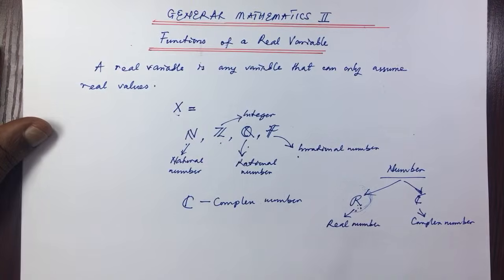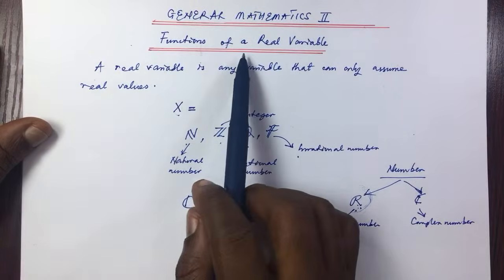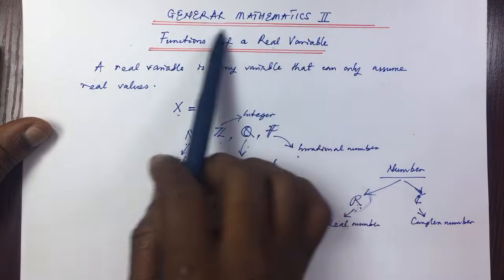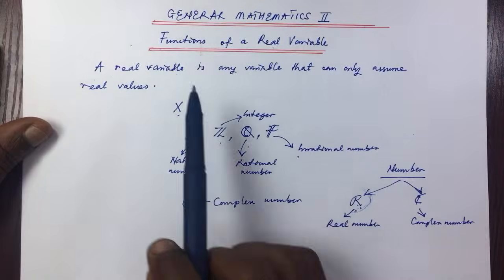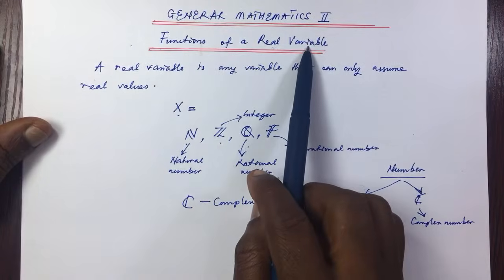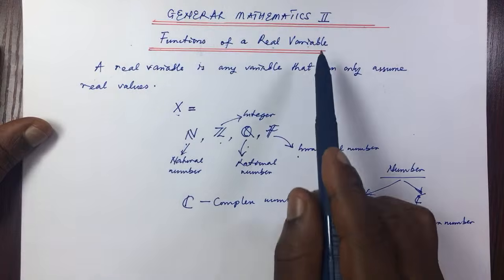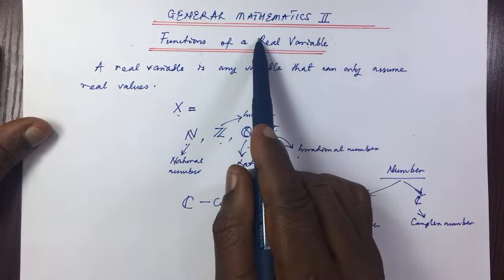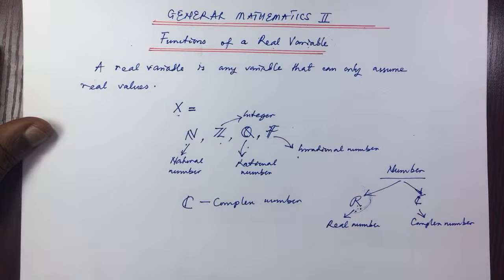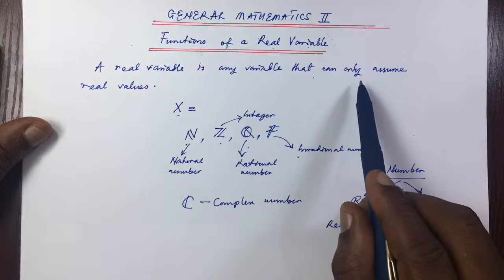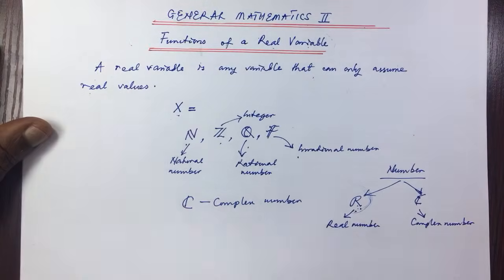So, I am trying to explain what this statement or this word is in the particular topic. So what are we looking at? We are looking at functions of a real variable, and it will be best for us to understand this word, real variable. So what is a real variable again? A real variable is any variable that can only assume real values.